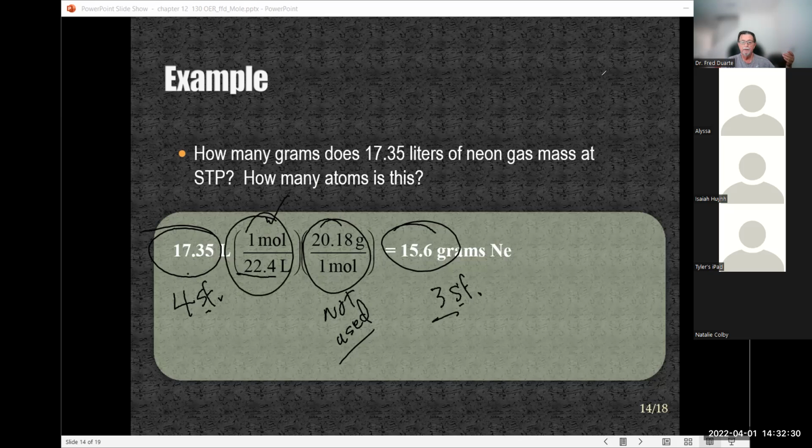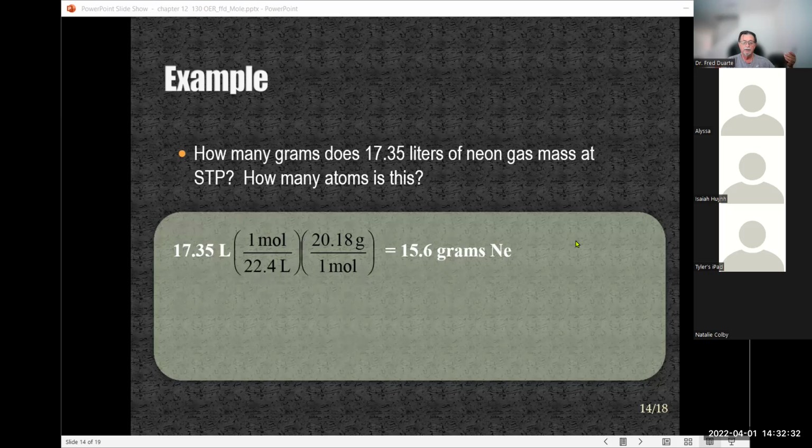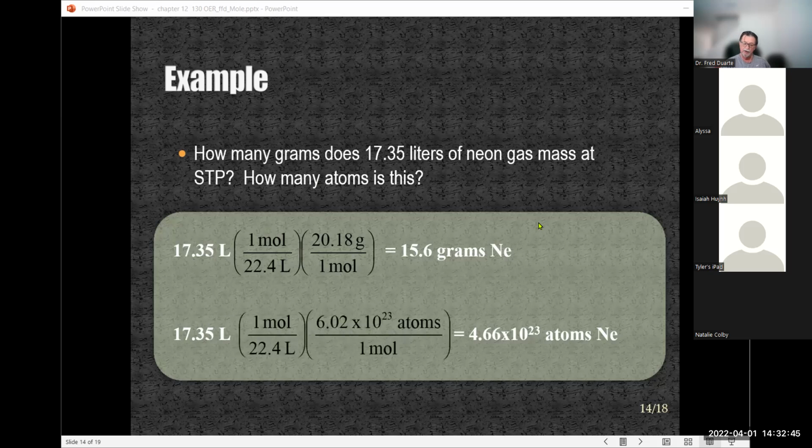Okay, good. All right, and now, once you've been asked the second part of the question, well, how many atoms does this pertain to? All right, so same setup, we throw in the 17.35 liters. We're still at STP, so we need to convert that volume into moles. And then, except this time, we bring in Avogadro's number because they want to figure out how many atoms 17.35 liters correspond to.